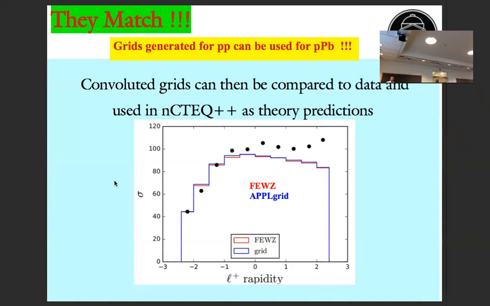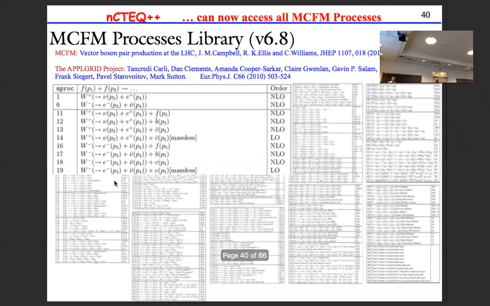Now, we spent a lot of time and got this going. This is great. We have W/Z in there. But even better, now that we have the framework with these plug-in modules, MCFM has about 1,000 processes in its library. So we're using the first two right here. But now that this is incorporated, in principle, we can do the same for any of these processes here that are implemented, and then just go ahead and do that.